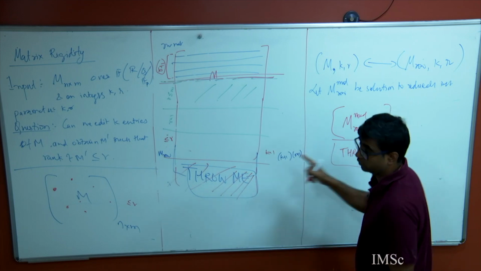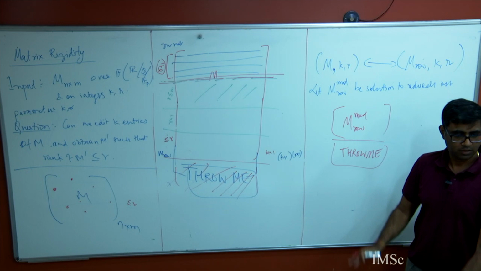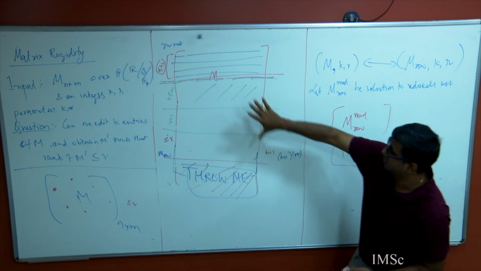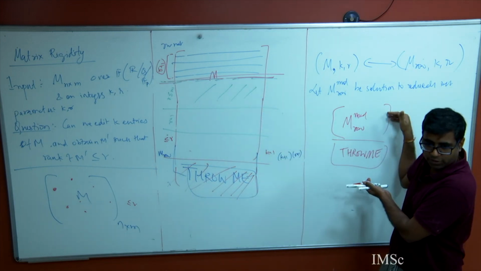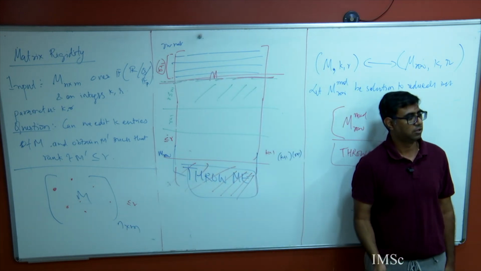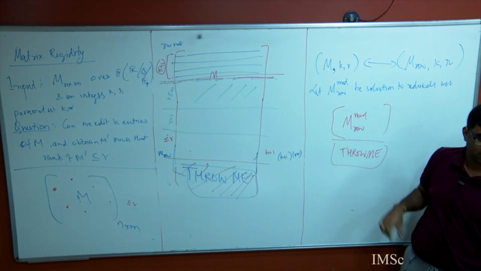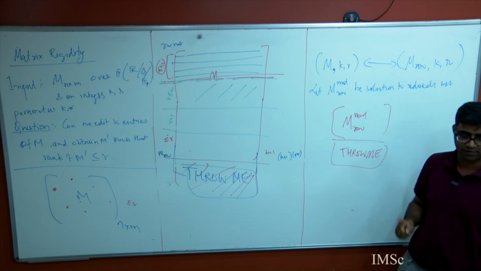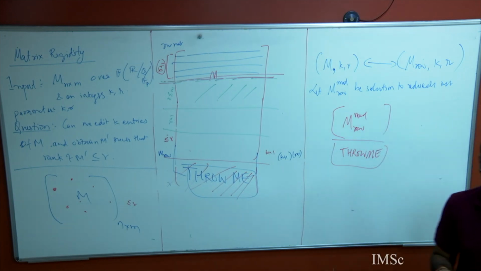This is my modification for the original graph. So I look at the first set, I have a modified solution, I replace this and keep the rest below, and I am telling you if this guy had a rank at most r, this whole matrix has a rank at most r. Why?